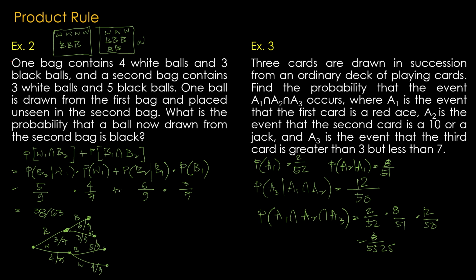So if you are to find the probability of drawing a black ball from the second draw, you have two paths that need to be considered: black first draw and black second draw, or white first draw and black second draw. So that would be 3 over 7 multiplied by 6 over 9 plus 4 over 7 multiplied by 5 over 9. So you'll still arrive at the same answer.